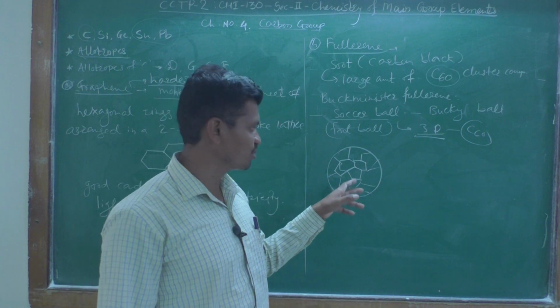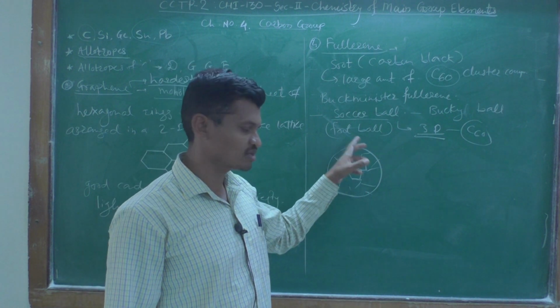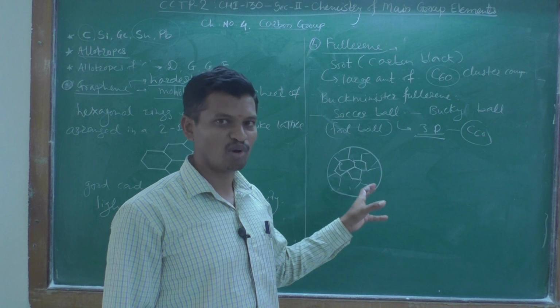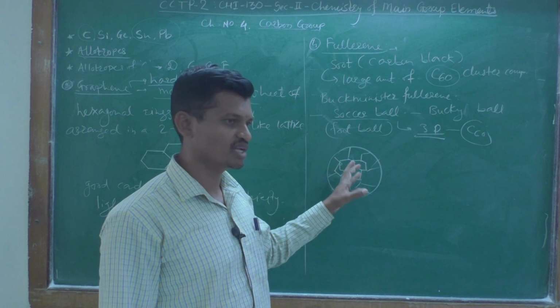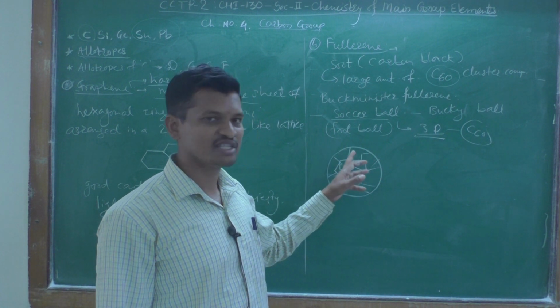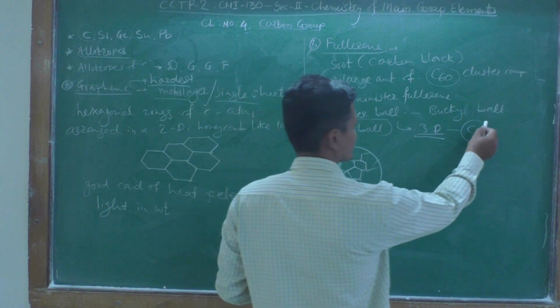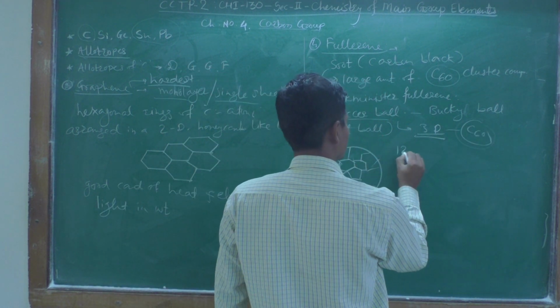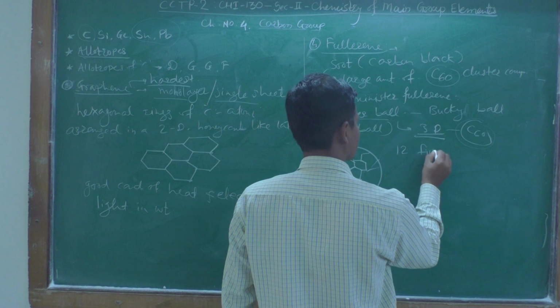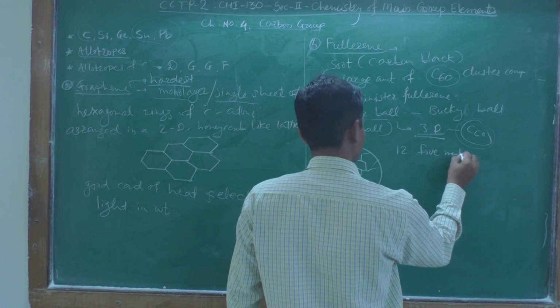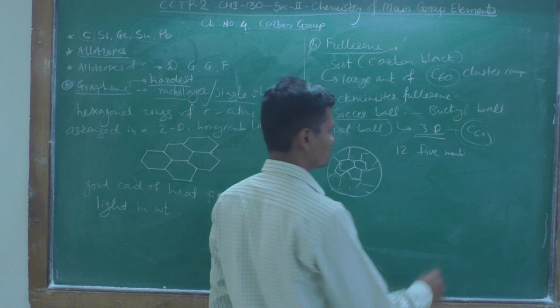It is just for your information. The surface of this buckyball or Buckminster fullerene is composed of 5-membered and 6-membered rings. As there are 60 carbon atoms, it consists of 12 5-membered rings.